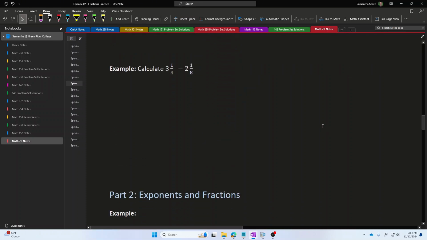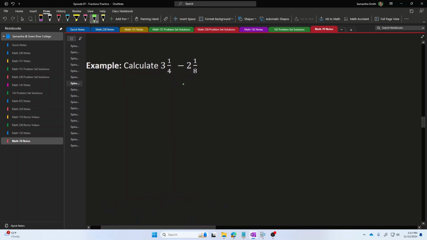What if I did a calculation like this one? I have 3 1/4, and I want to remove 2 1/8. To do a calculation like this one, I could, for example, start by rewriting 3 1/4 as a single fraction and rewriting 2 1/8 as a single fraction.